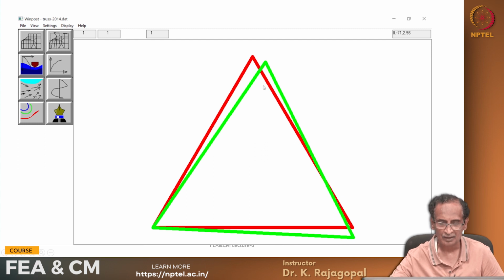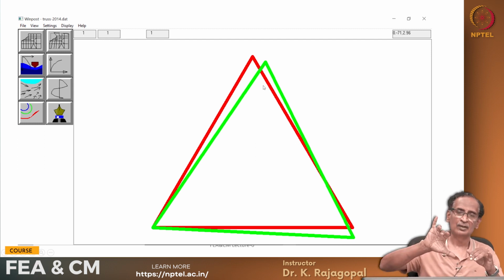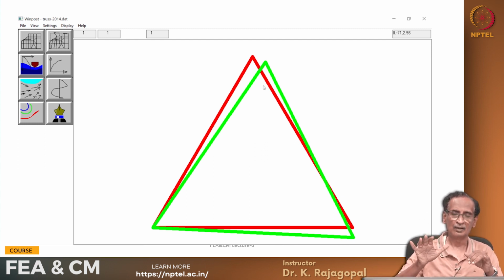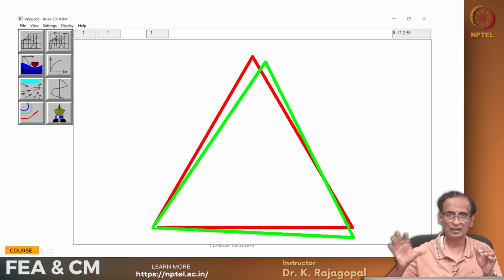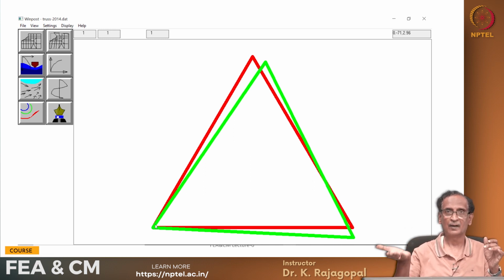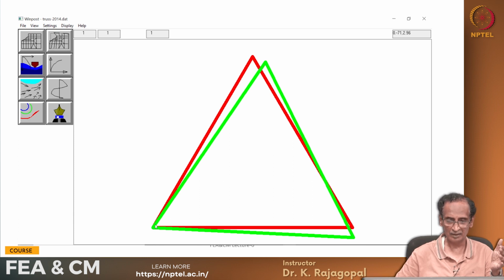And you see that the structure has undergone a rigid body rotation. That's because our node 1 is fixed on a hinge, so the whole thing can rotate, and the right hand side has settled by 50 millimeters, so the entire structure has rotated. It has undergone a rigid body deformation.